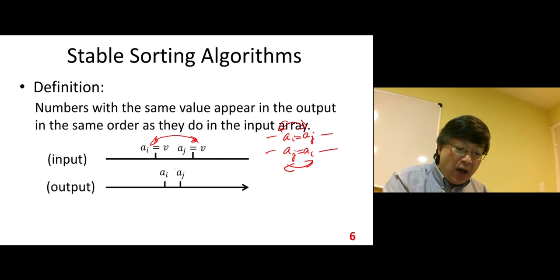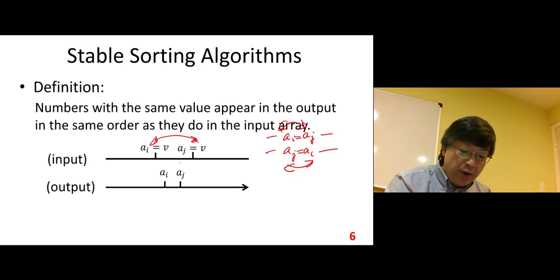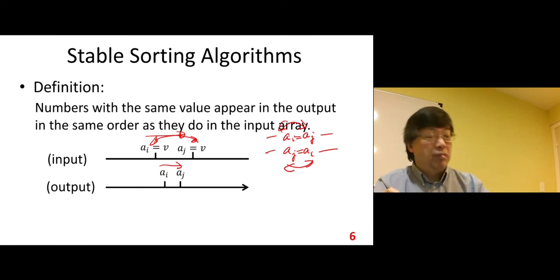Is A_i before A_j or not? If A_i is still before A_j, that means the order is preserved from the original order. The original has A_i before A_j. After you apply some sorting algorithm, you have the same order. That means it is stable.